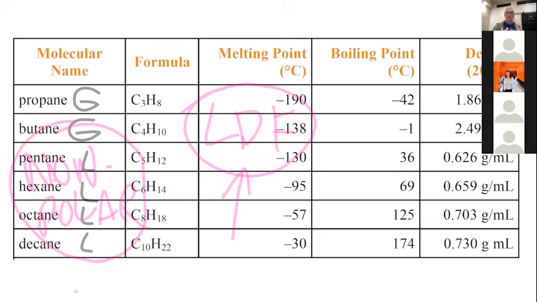And so gases, remember, don't really have any interaction between molecules. That's why they're gases. Liquids are liquids because there are strong interactions between the molecules. So even though these are weak interactions, if you get a whole bunch of them, you can have enough to be a liquid.